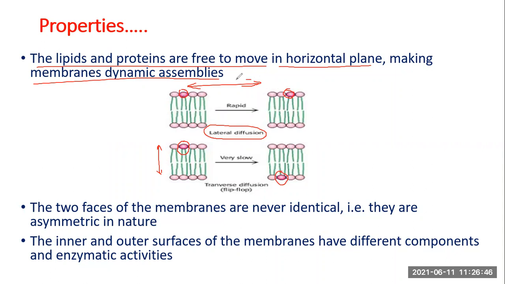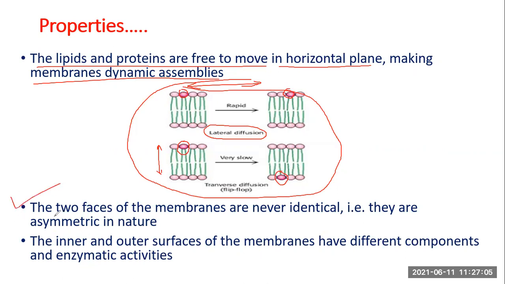And it is this property that makes membrane dynamic assemblies, that makes membrane fluid. The ability of the lipids of the membrane as well as the proteins of the membrane to move freely in lateral direction.